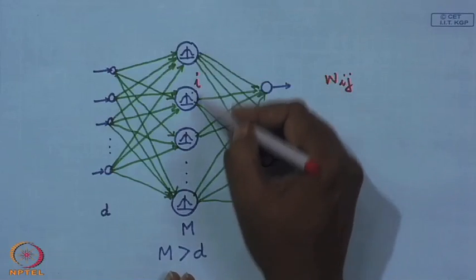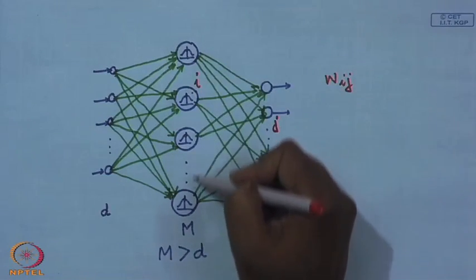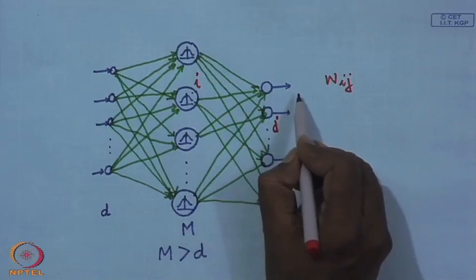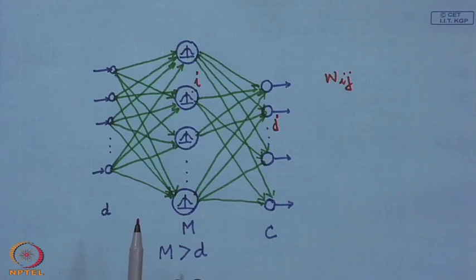And once they are linearly separable in the m dimensional space, then the linear combination of the outputs of these hidden layers is likely to give me the class belongingness.